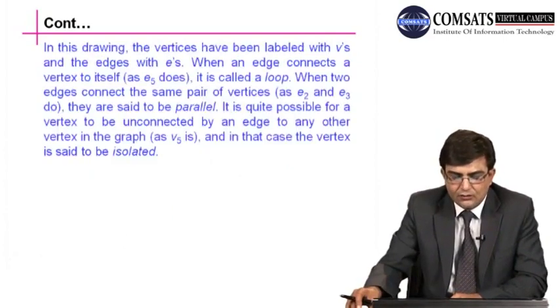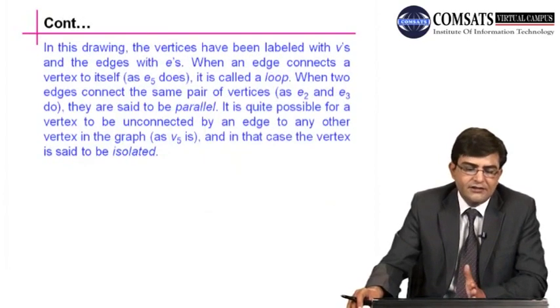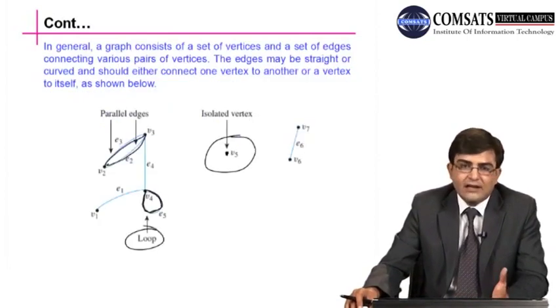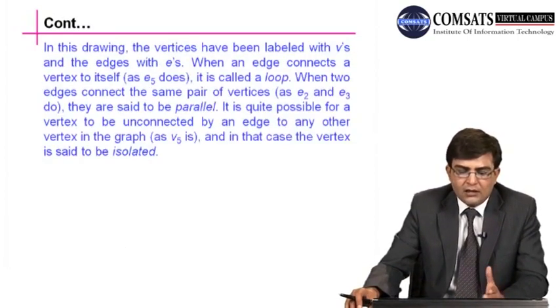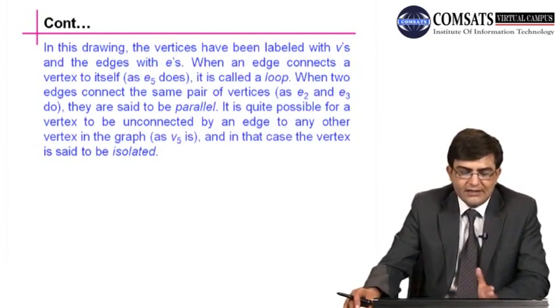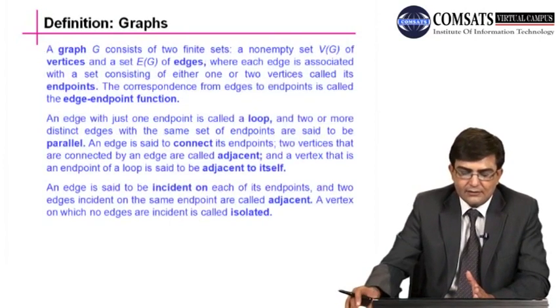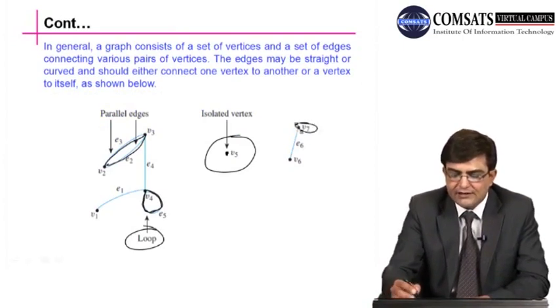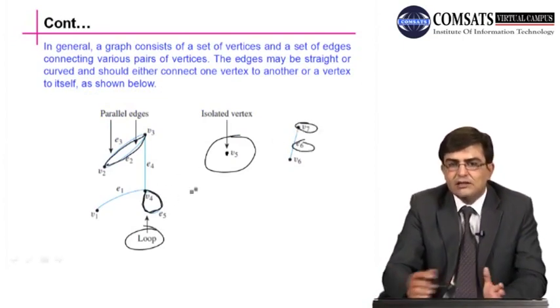Now we see the definition of the graph. This is the notation before the definition. In the above diagram or drawing, the vertices have been labeled with V's and edges with E's.